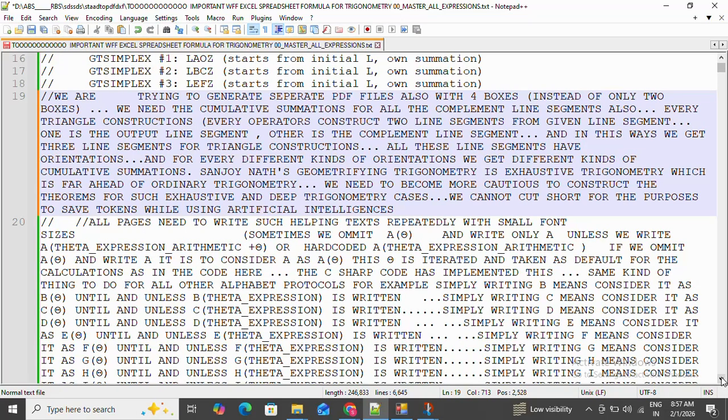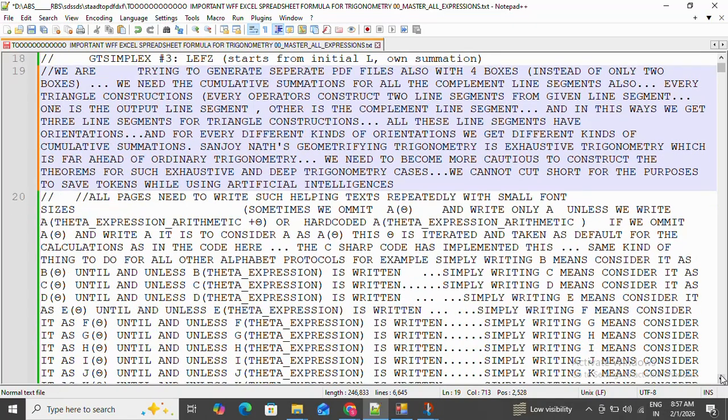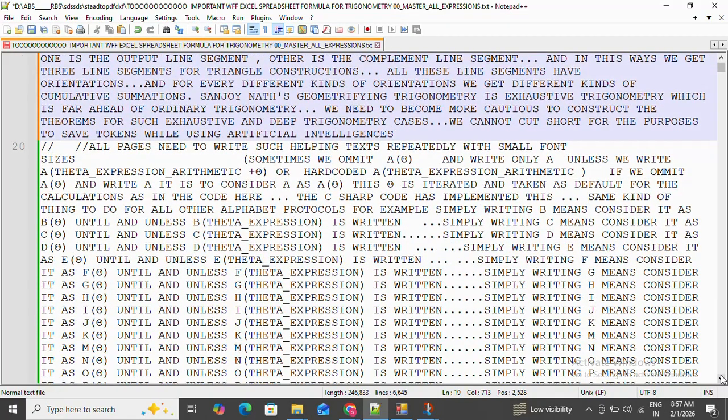And similarly c means c theta, d means d theta, e means e theta, and we have to write things in this way. And if we don't write the complete things, if we omit the term theta, then the GT simplex simulator will automatically encode the theta there, and this theta is the varying parameter with which we can simulate the whole thing.